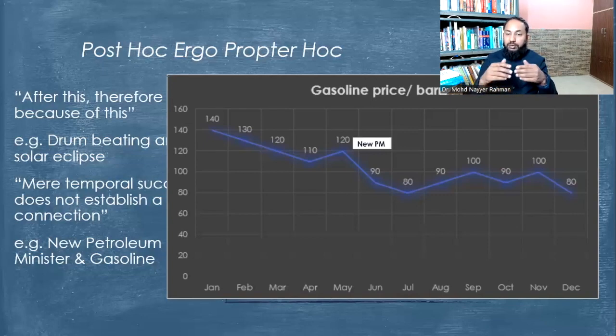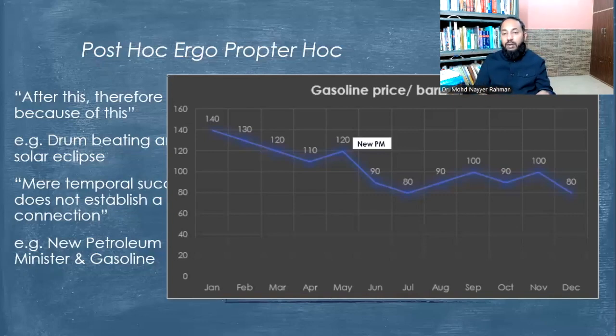So people will start appreciating. And it can also be the reverse. Suppose a new petroleum minister has been appointed, and soon after the appointment the gasoline prices started rising. People will start criticizing. Why are they criticizing? Because they have accepted a relationship between the appointment of the new petroleum minister and the rise in gasoline prices.